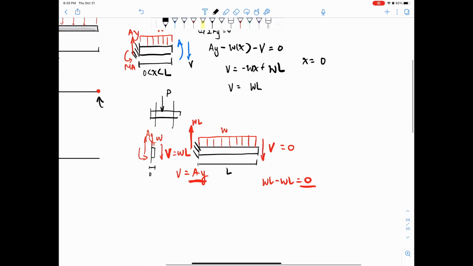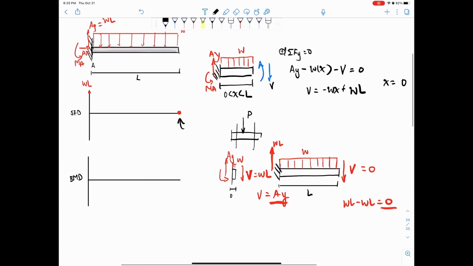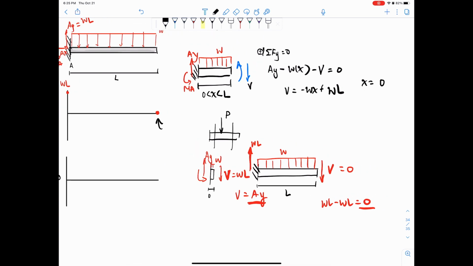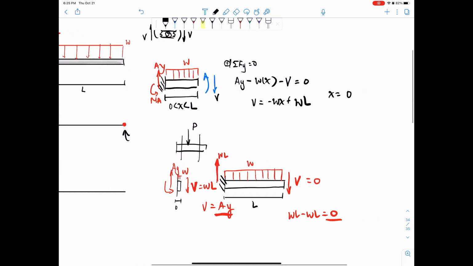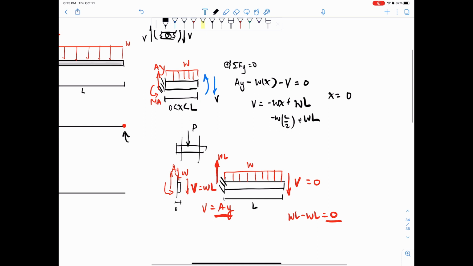So if you know anything about linear equations, if we just took a cut anywhere, say in the middle, L over 2, then minus W times L over 2 plus WL would just be equal to positive WL over 2.